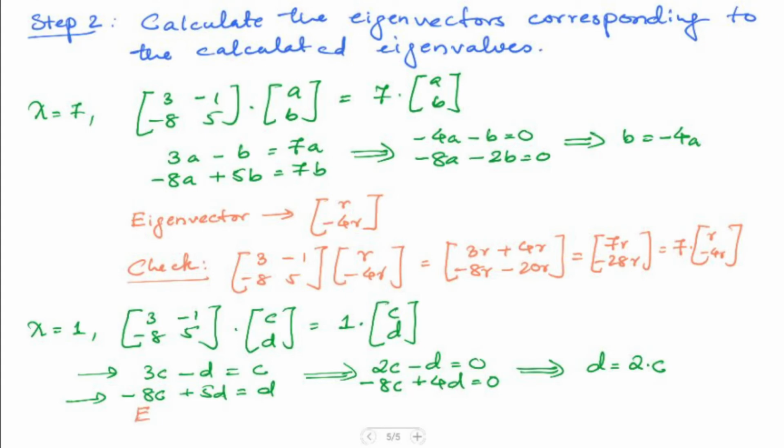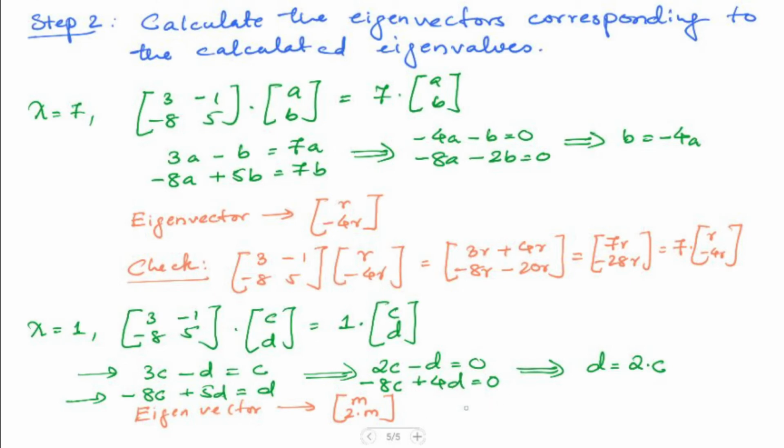For C, we'll keep it as M, and then D will be 2 times M. So that's the eigenvector. M could be any real number except for 0.